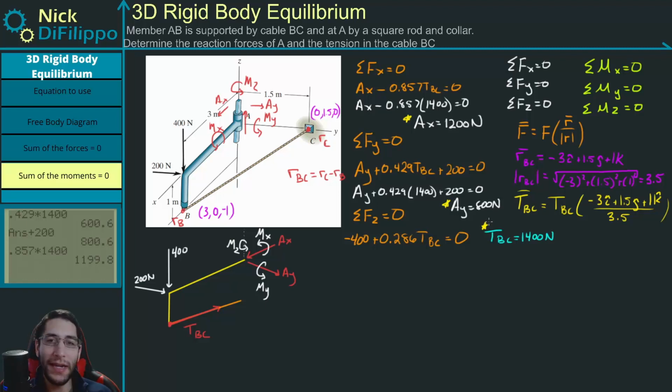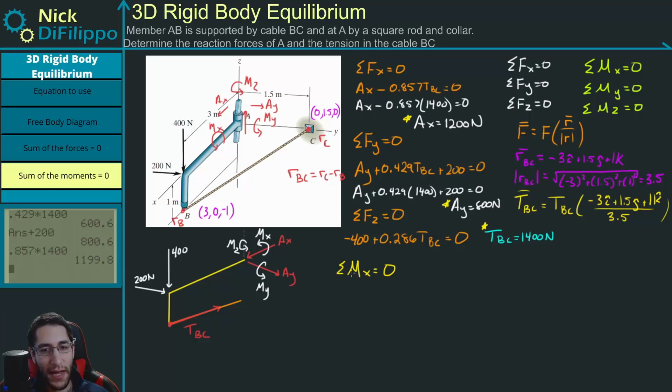So now I need to sum my moments because I still need to figure out what my reaction moments are. I need to sum my moments about the x-axis, and this is going to be equal to 0. Now remember, if a force goes through the axis, or if it's parallel to the axis, it does not exert a moment on that axis.